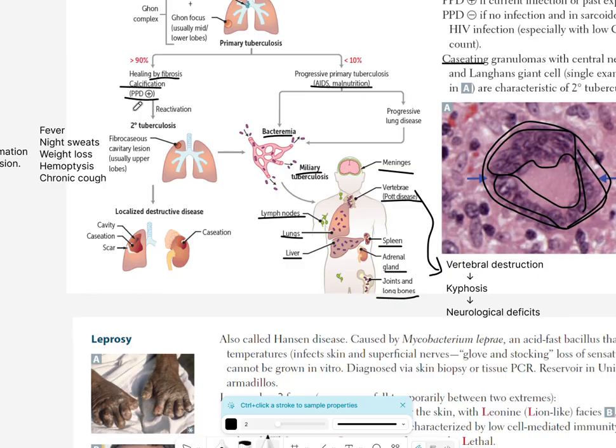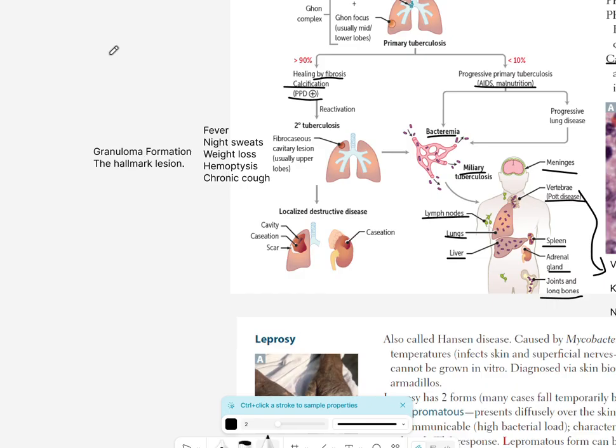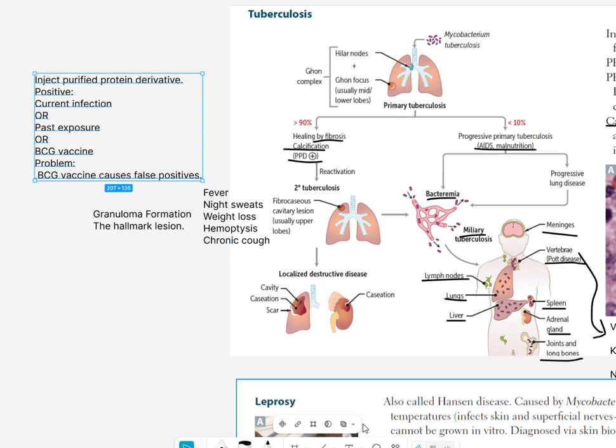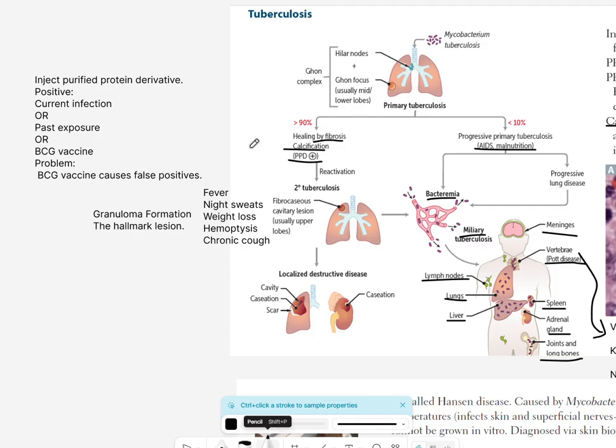This is basically the tuberculin test, right? You inject this purified protein derivative, and if it's positive, it basically tells you there's either been a past infection, or the patient has had some kind of past exposure, or there has been a BCG vaccine exposure, right?